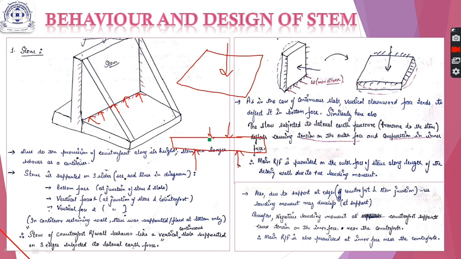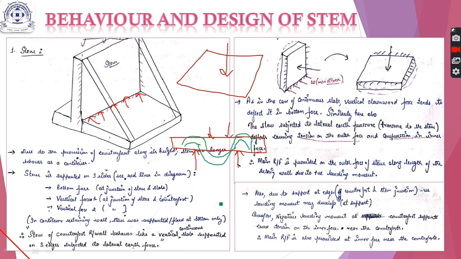I will draw this again. The middle portion deflects like this, with sagging at the midspan, and due to the presence of the supports here, there will be a little such deflection or movement here.